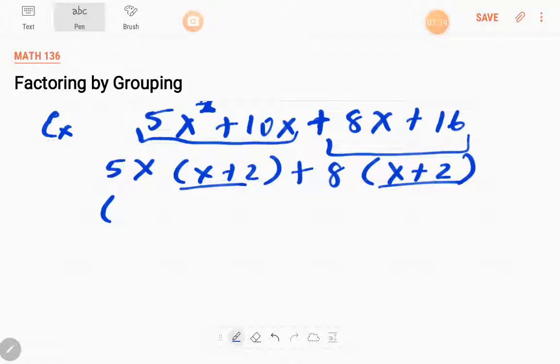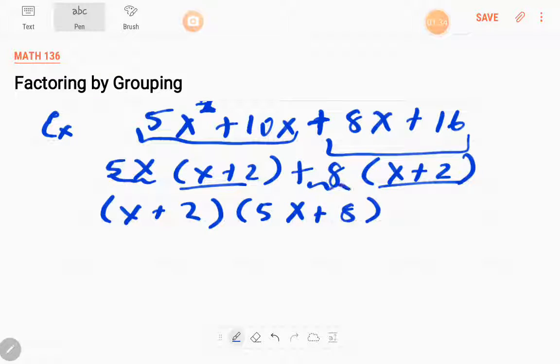So we could factor out x plus 2, and 5x plus 8 remain. So 5x here, 8 here. The x plus 2 has been factored out, leaving 5x plus 8.